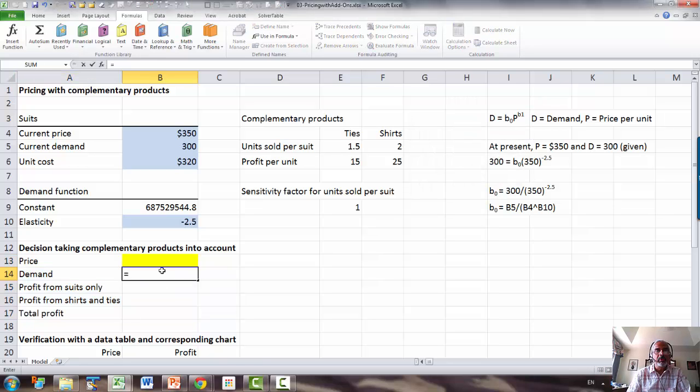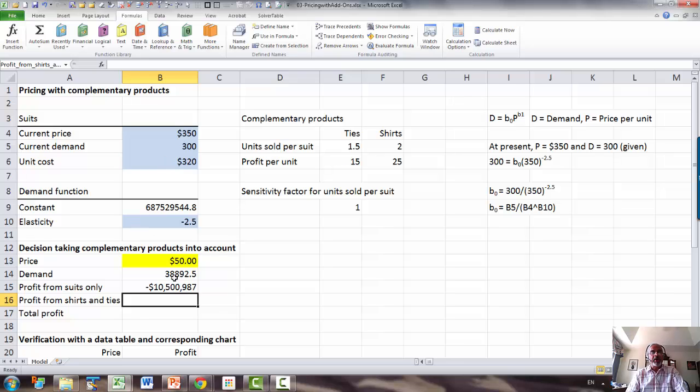And once again, you just put some price here, so you will not have a divide by zero error. So profit from suits then is price minus unit cost. That's profit per unit, times the demand.